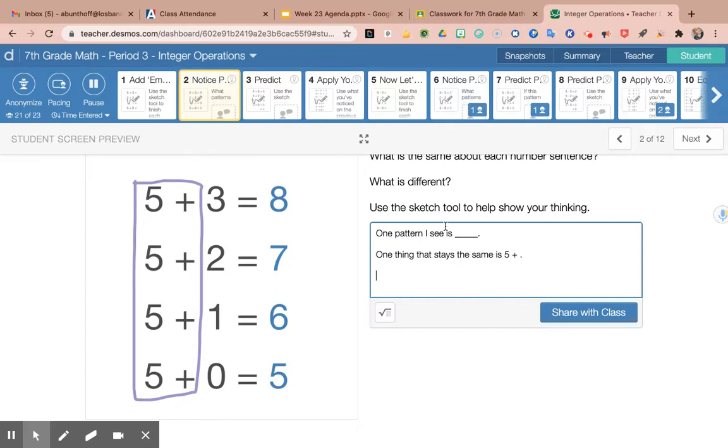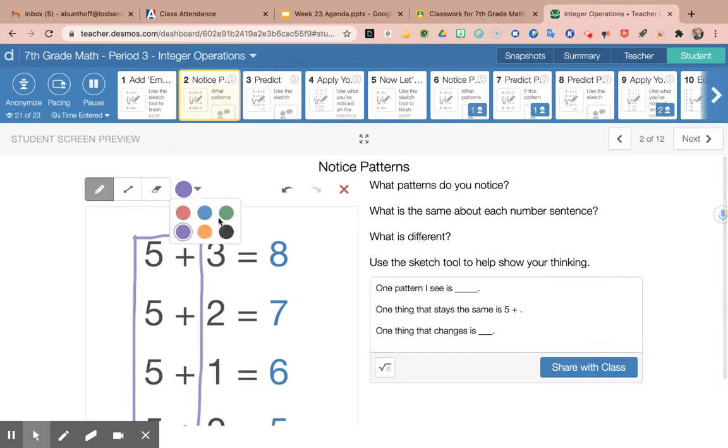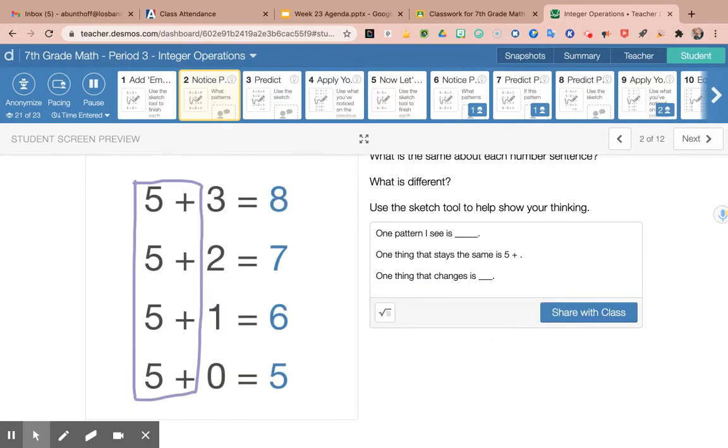And then the last one says what's different? One thing that changes is, and again, you can use the sketch tool if you want. One thing that changes for me is it looks like the second number is changing and the answer is changing. So either one of those is something that's changing or is different.